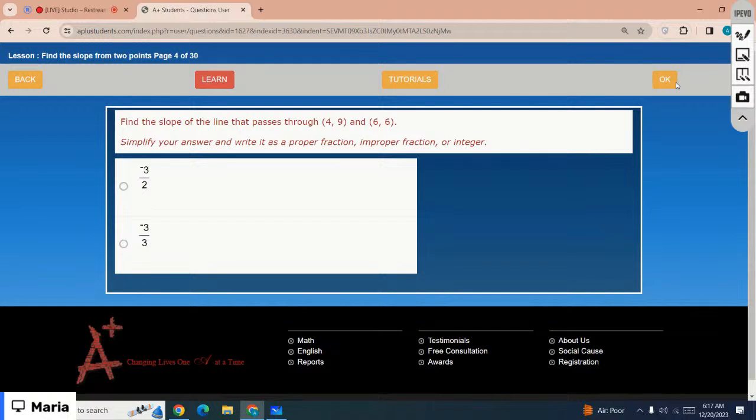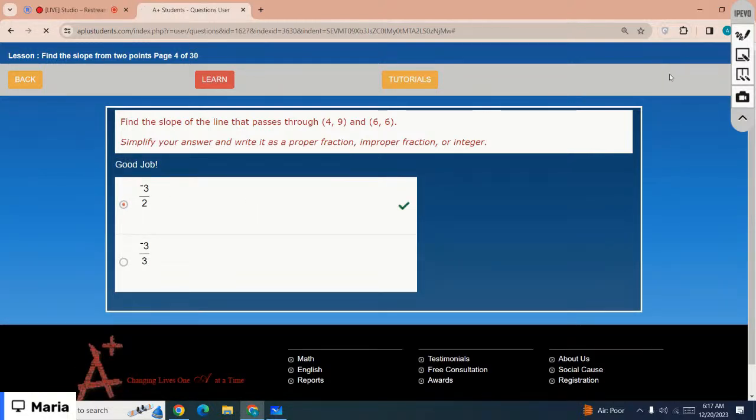Yes, that is negative 3 over 2. Option number 1 is the correct option.